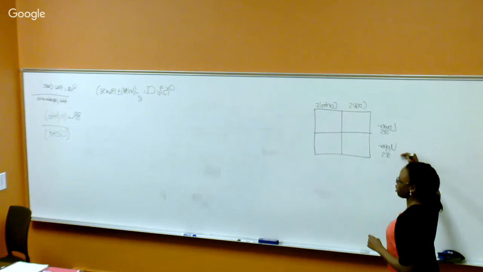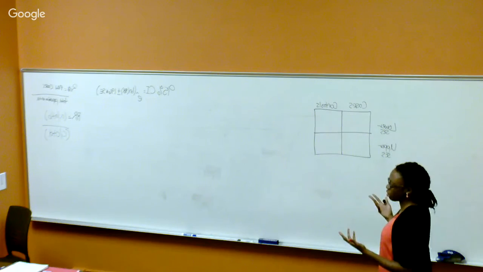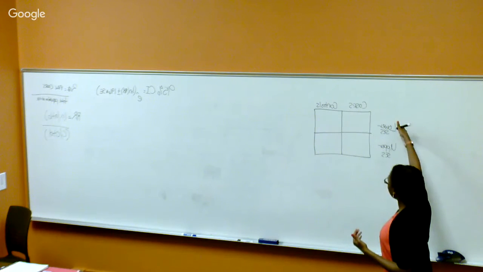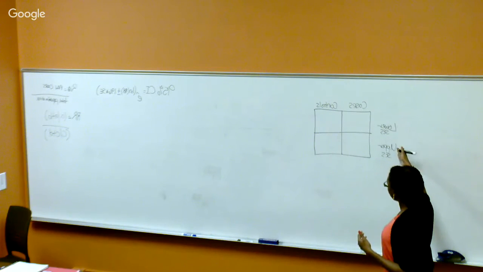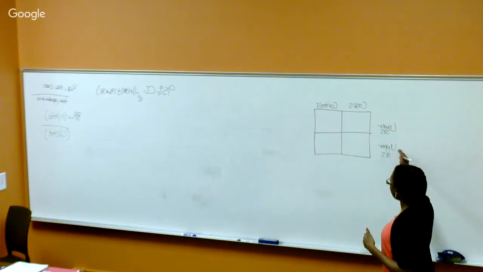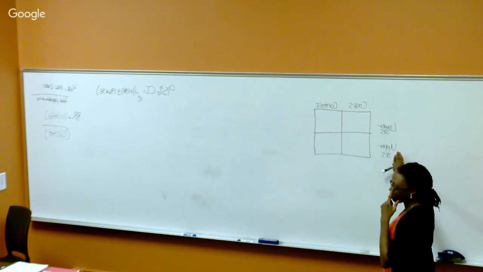Unexposed is usually your group that has the lowest amount of risk. And we know that poverty increases your risk for diseases. So people in more poverty are going to have higher risk than people that are not as impoverished. So you want the people in the higher SES category to be your reference group.